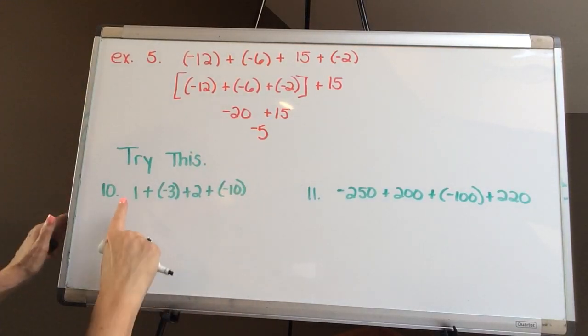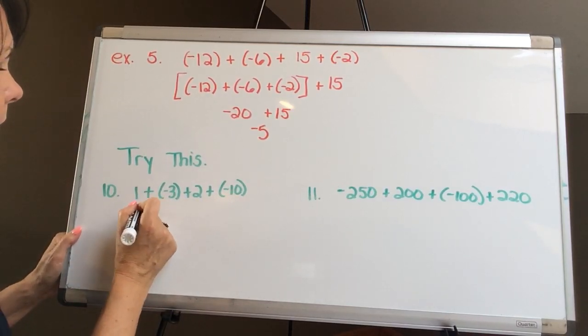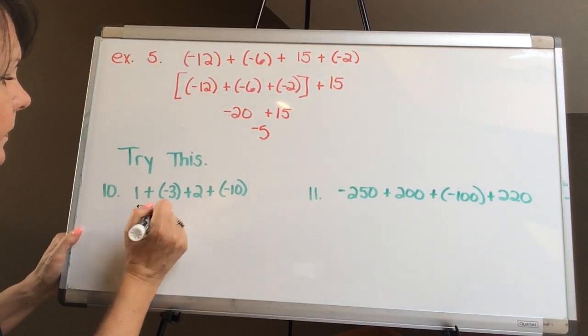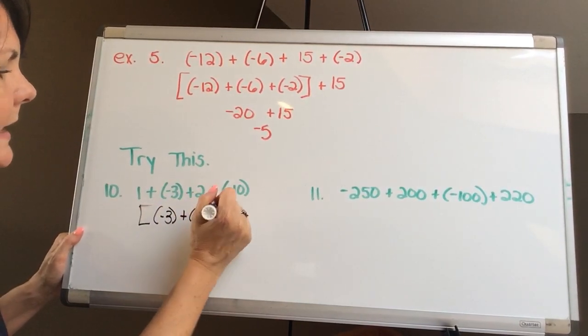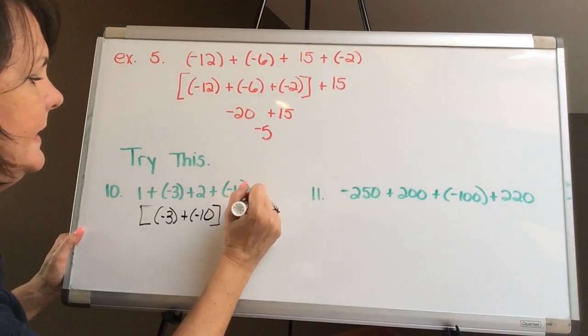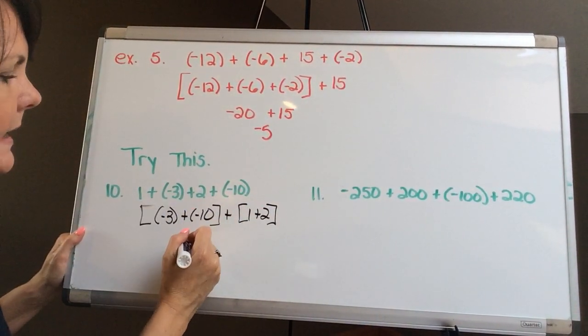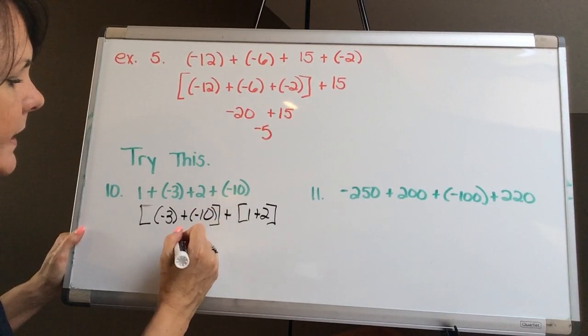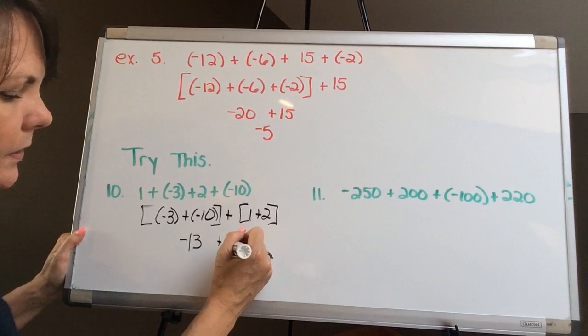Let's try another one. 1 plus negative 3 plus 2 plus negative 10. Okay, I'm going to think about negative 3 plus negative 10, adding my negatives, and adding my positives, 1 plus 2. Negative 3 and negative 10 gives me a negative 13. 1 plus 2 gives me 3.